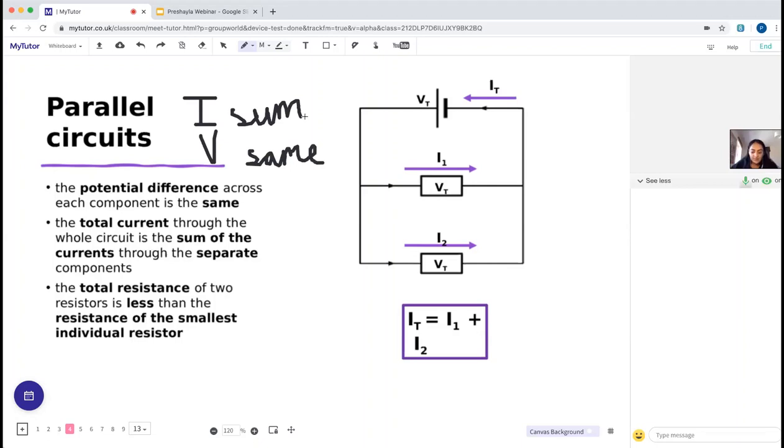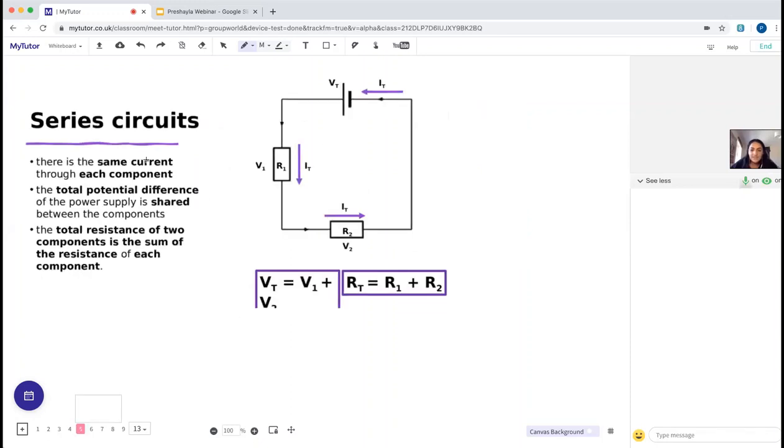So current sums, voltage same. And in series circuits, voltage sums and current same. Okay. So they're the facts again.